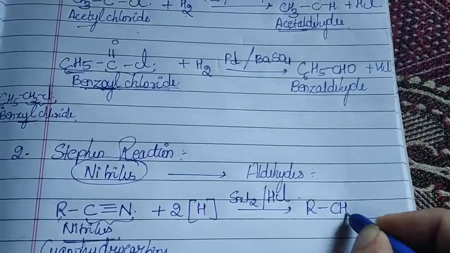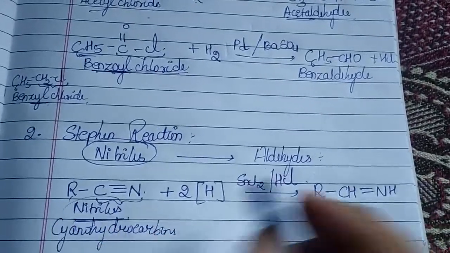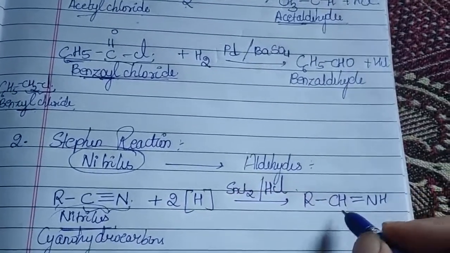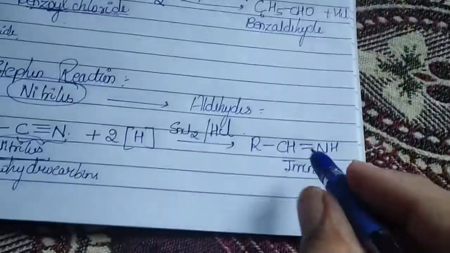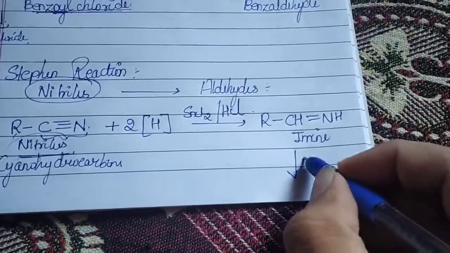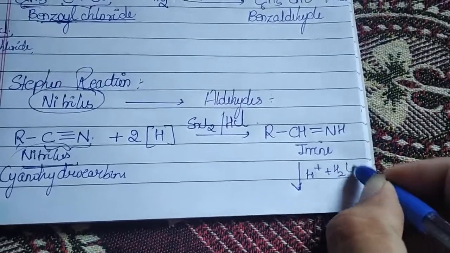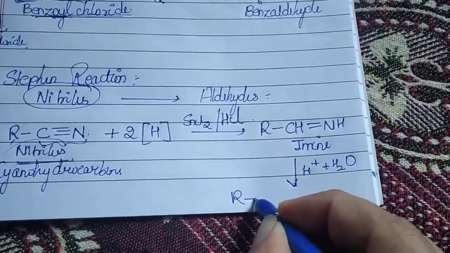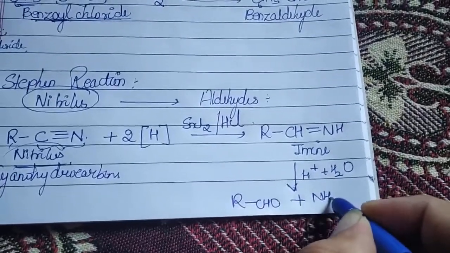RCH double bond NH. If it is a nitrile, first it gets reduced and gives you the imine. Then followed by acid hydrolysis, H plus in the presence of water, we are going to get RCHO plus NH3.